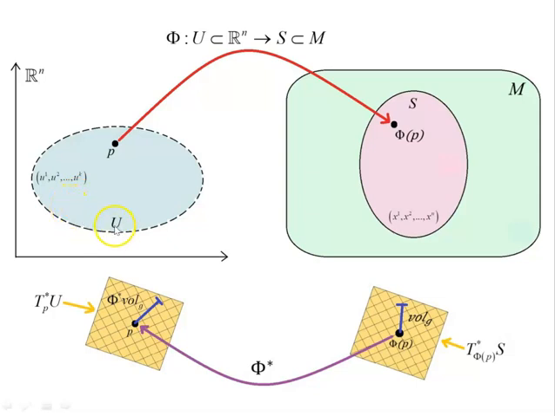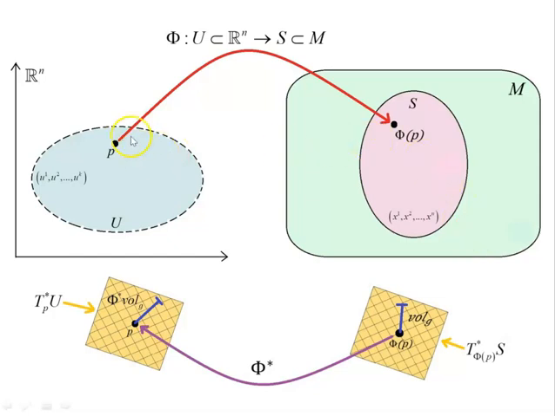This open set U will map to S under this map, which maps the open set U contained in Rn to S contained in M. And notice the manifold M is of dimension N, and the subset here, the local coordinate system, is also of dimension N. So we're going to map this to here, contained in Rn.